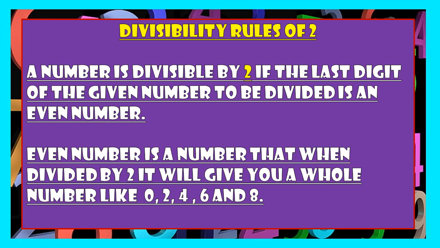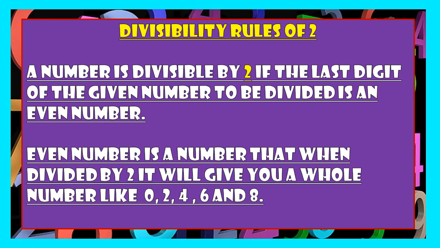A number is divisible by 2 if the last digit of the given number to be divided is an even number. So, paano malalaman na ang number ay divisible sa 2? Na hindi kinakailangan i-divide sa 2 para lang malaman na yung number na yon ay pwedeng hatiin sa dalawang magkapantay na grupo. So, kailangan daw yung last digit ng number na yon ay even number.